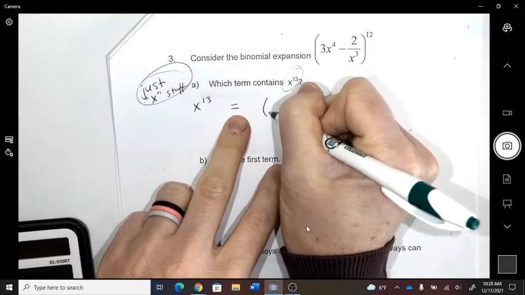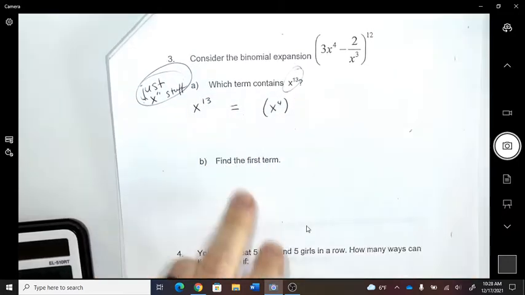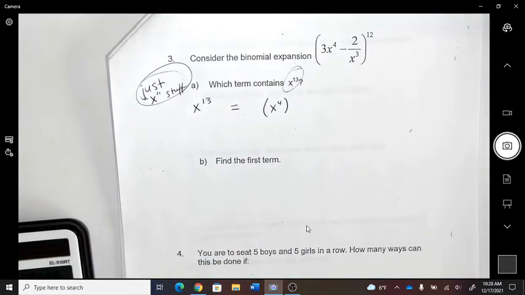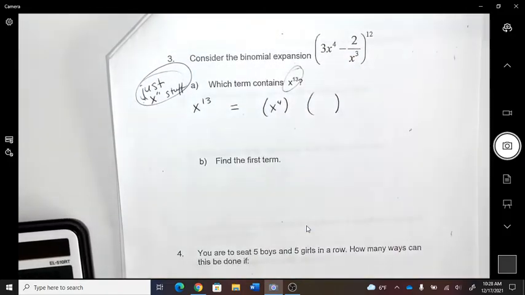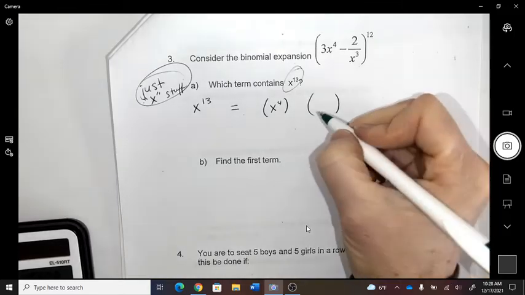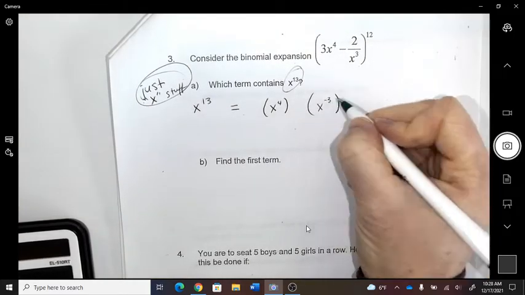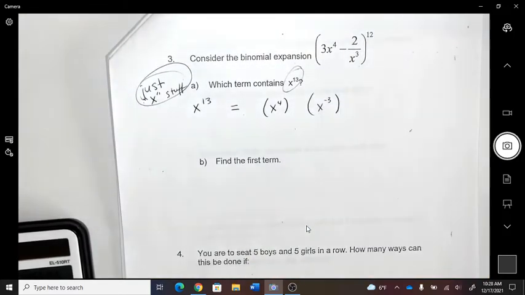I took the x's from the first unit and the x's from the second unit, but I'm going to make that look different. How do I make the x's from the second unit look different? Okay, -3, does that work?